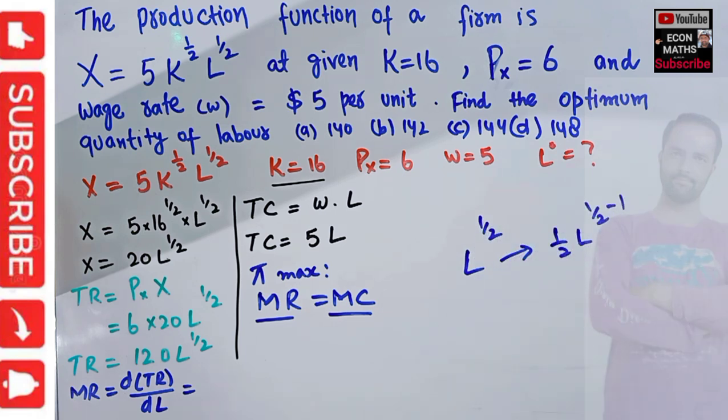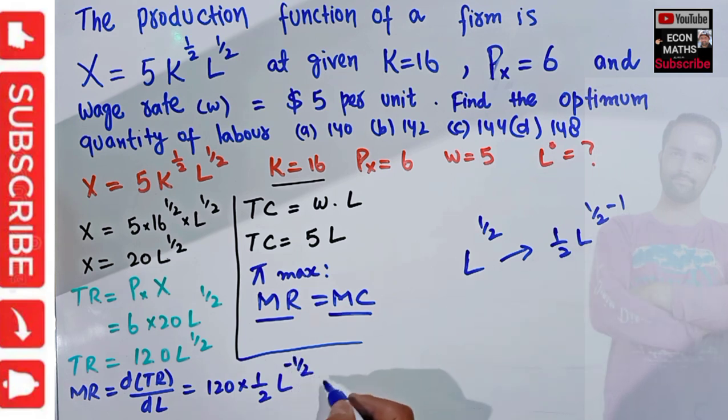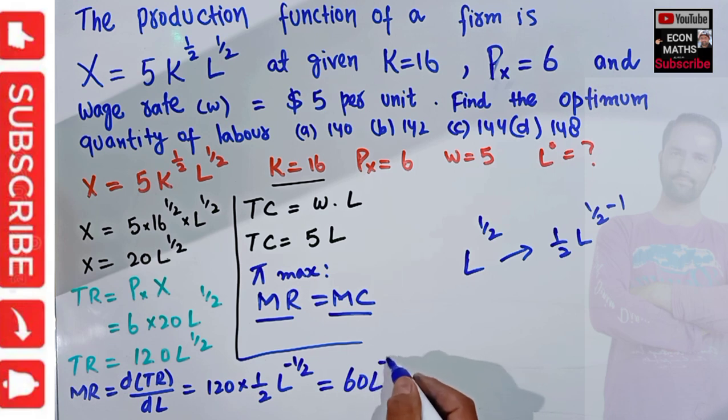I have explained it a number of times, so we will get here 120 times 1/2 L to the power 1/2 minus 1, which is minus 1/2. So this gives us 60 L^(-1/2). This is our marginal revenue.